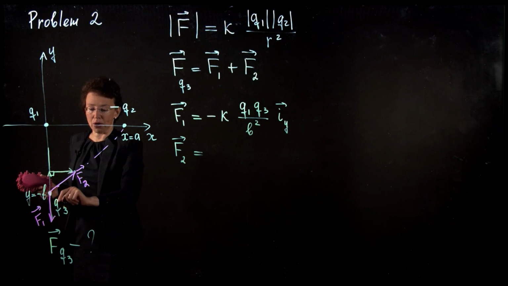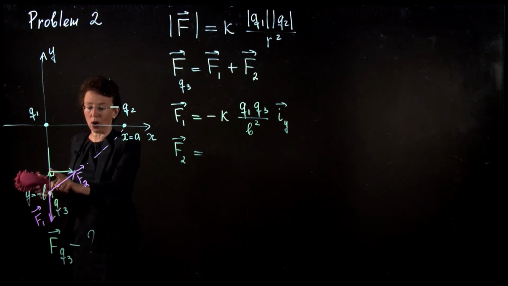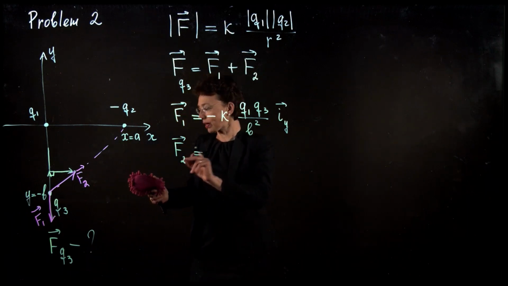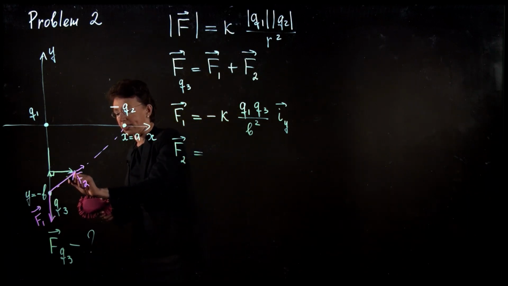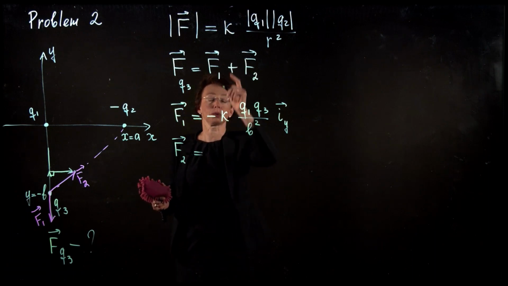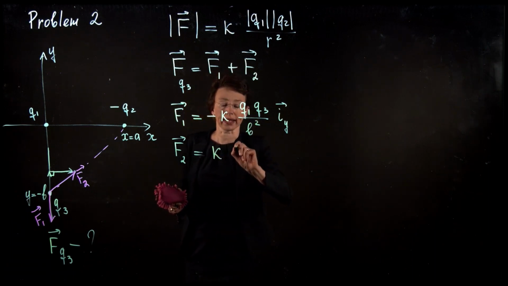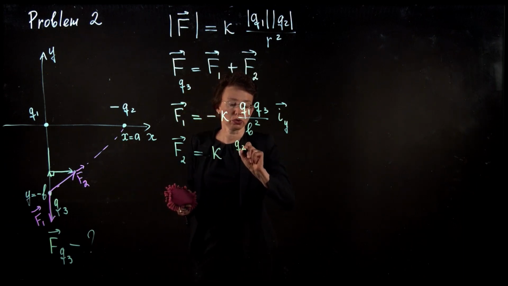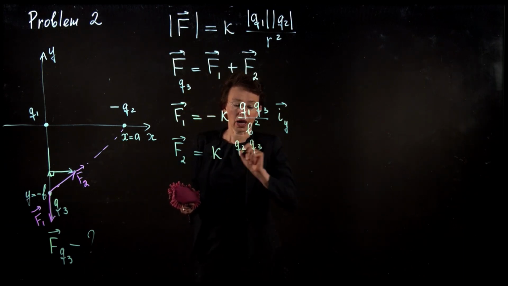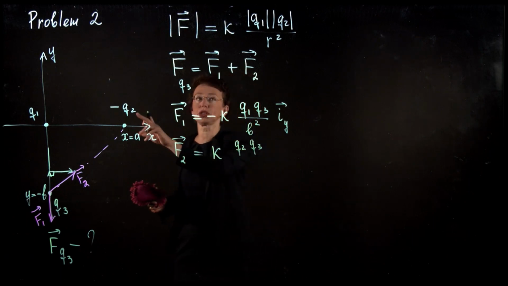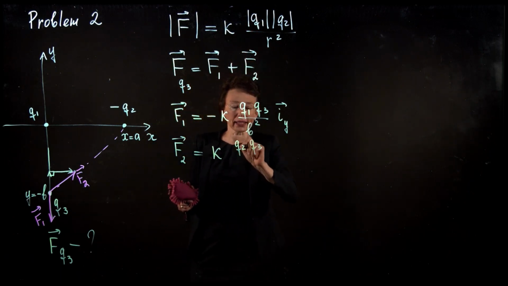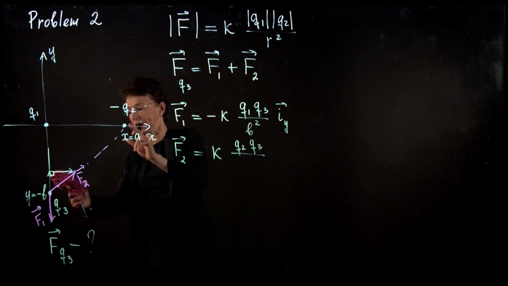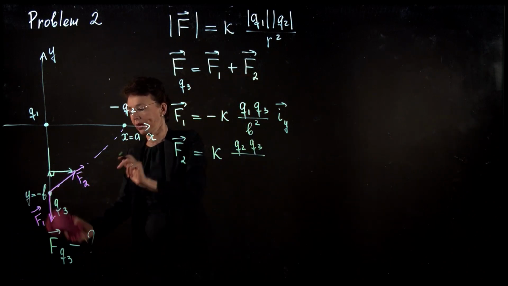Then the x component is positive and the y component is positive. The magnitude of F2 is k, then Q2, Q3. I don't put minus Q2 here because I remind you that this is the magnitude of Q2. So it's magnitude of Q2, magnitude of Q3, divided by the distance between them squared.